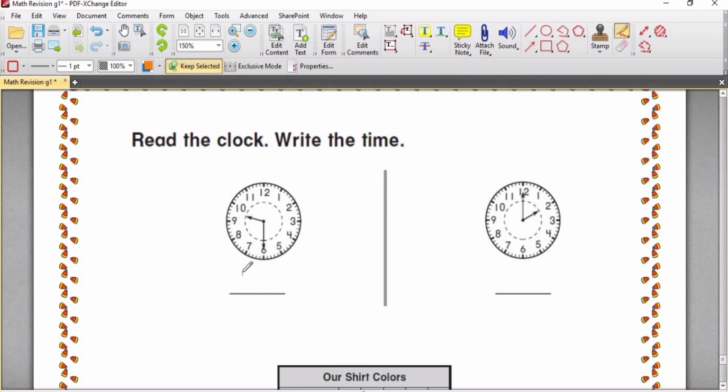If you want to write it, half means we will write 30 here, so that's 9:30. But when we have the short hand on 2 and the long one on 12, that's o'clock. So here it's 2 o'clock, and if we want to write it, that will be 2, and we will put 2 zeros here. Okay, super.